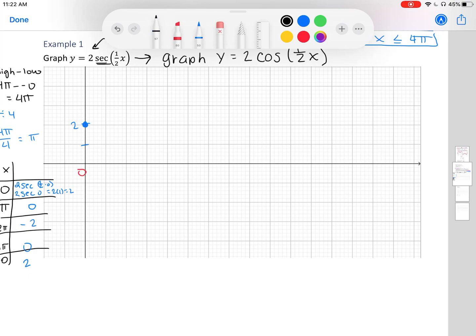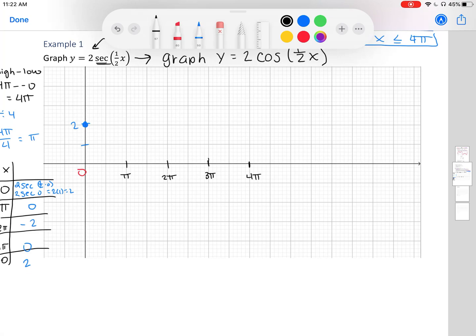Let's go ahead and label these points. So I have pi, 2 pi, 3 pi, and 4 pi. And I'm drawing cosine.